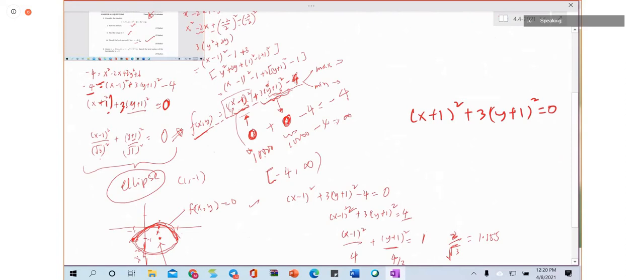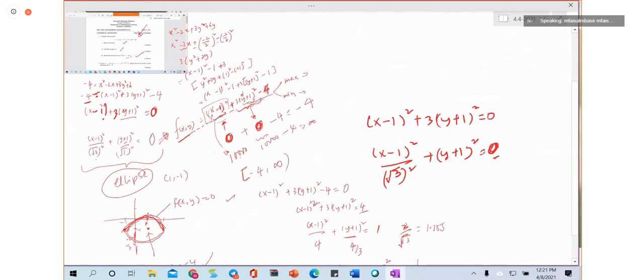Then if you divide everything by 3, you will get like this. So this is minus. It should be minus. If you divide everything by 3, you will get this. And then I can write like this. But actually it's only 0. Ellipse with 0 radius. No move.